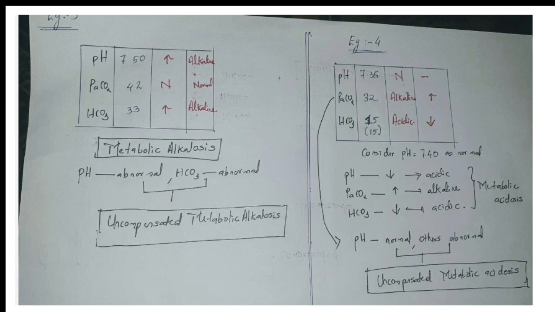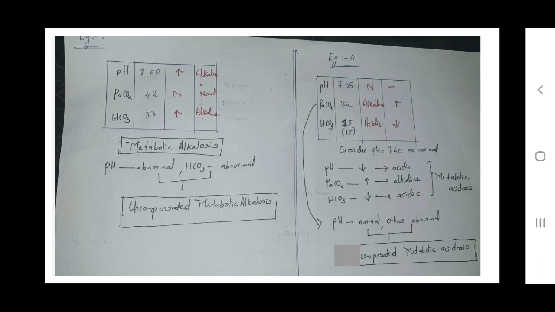Now, in order to identify which compensatory level is applicable for this study, when pH is normal and others are abnormal, it is compensatory level. In the adjacent example number 3, you have seen pH was abnormal and HCO3 or else PCO2 or else both.